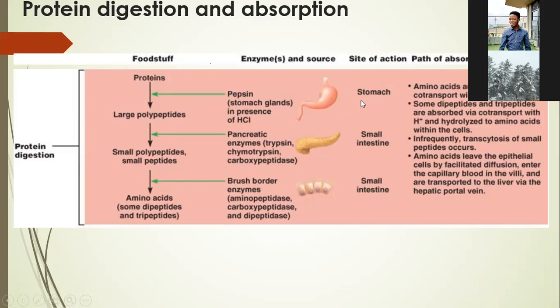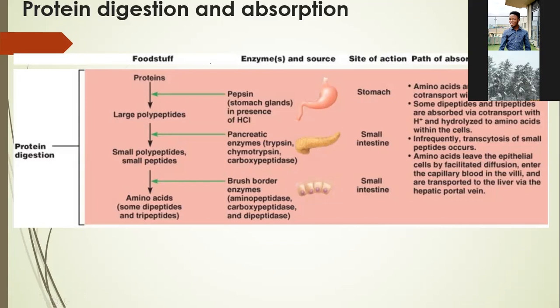It is also important to note at this point that pepsin is not produced as pepsin, it is produced as an inactive protein. Remember, even this is an enzyme. And this enzyme, if it is active, it will start digesting the walls of the stomach because they are also made up of protein.